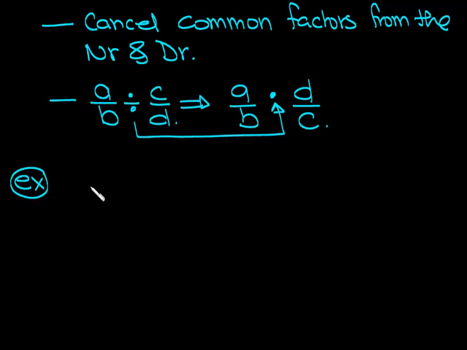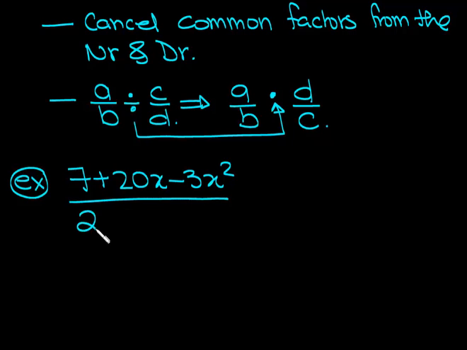So let me start by doing this one. The nice thing about all of these problems is that we're going to leverage everything we did in the previous section. So let's see, we have 7 plus 20x minus 3x squared divided by 2x squared minus 11x minus 21.